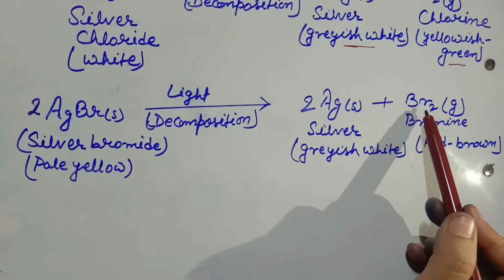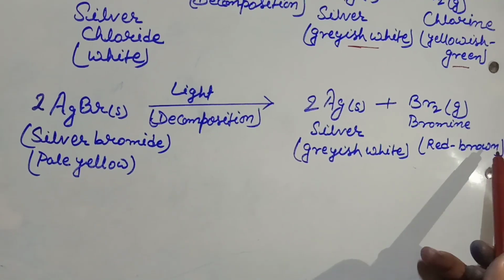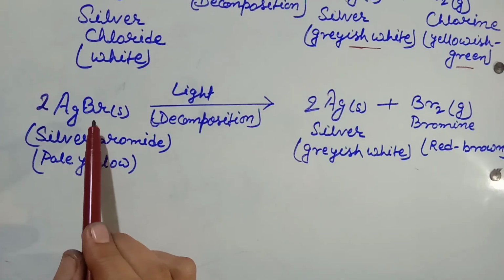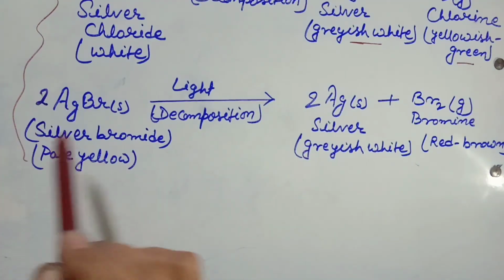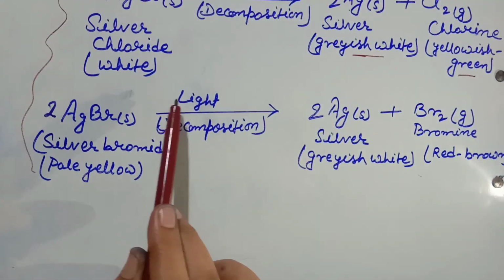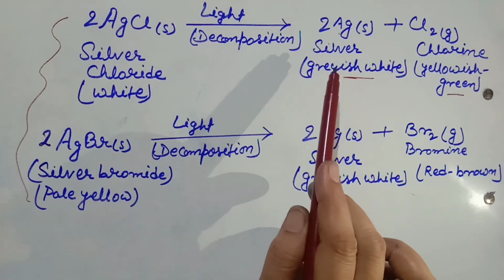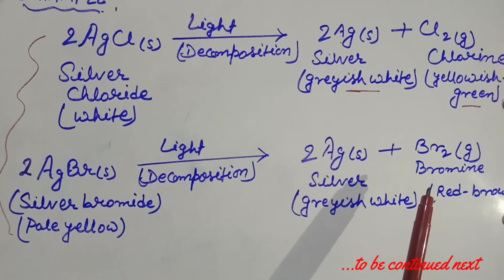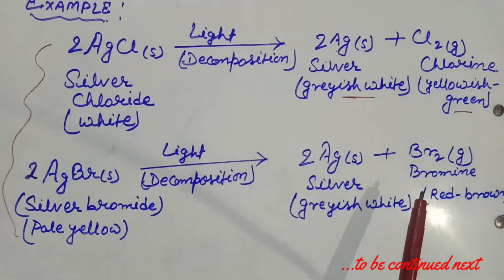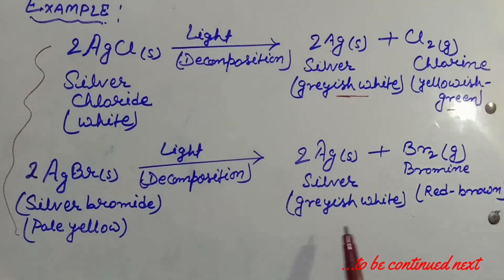Now the color of bromine gas is red brown. The silver bromide color is pale yellow. Dear students, in both these reactions, the formation of silver as well as chlorine and silver as well as bromine is basically used in black and white photography.